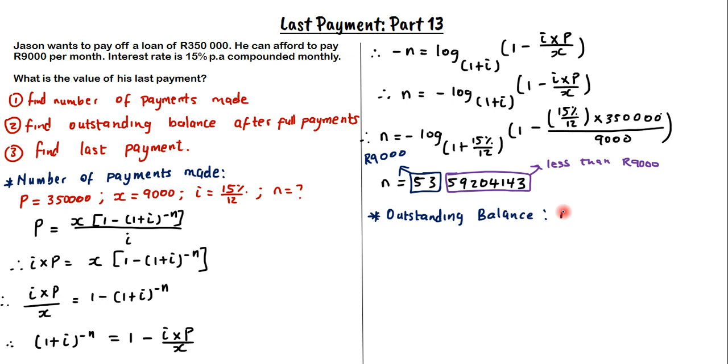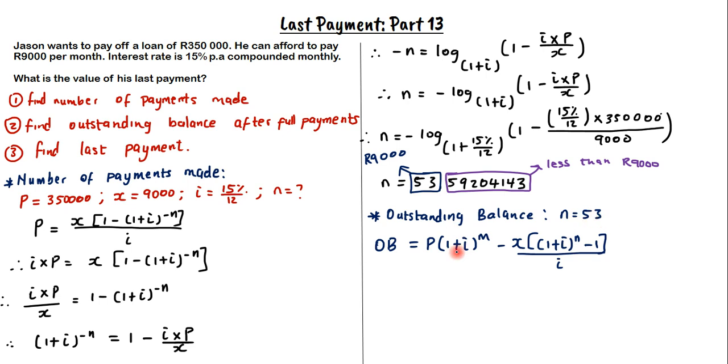So for this we're going to use n as 53, right? So we know that OB is P into (1 plus i) to the power of m, minus x into ((1 plus i) to the power of n minus 1) over i, right? Now m is going to be 53 and n is going to be 53.